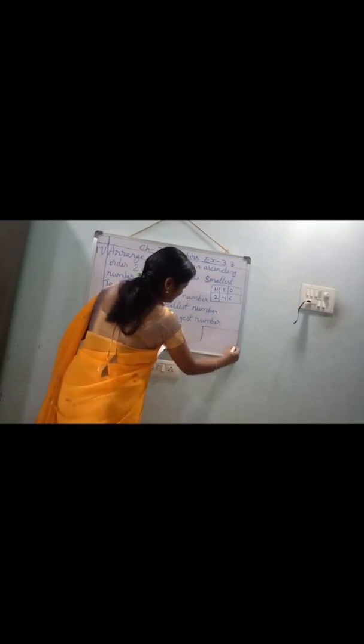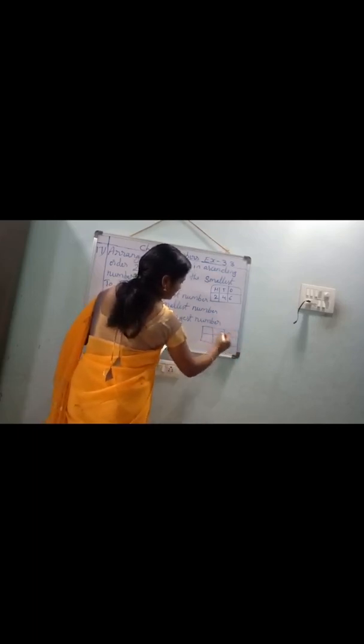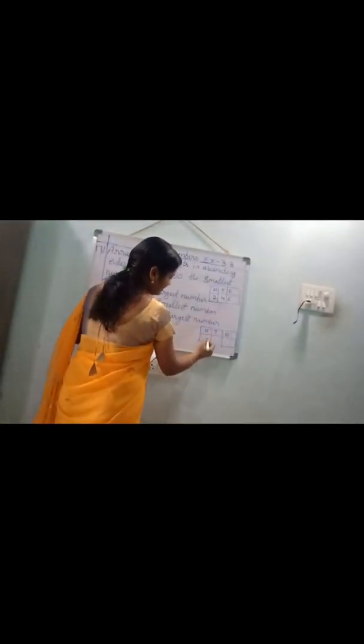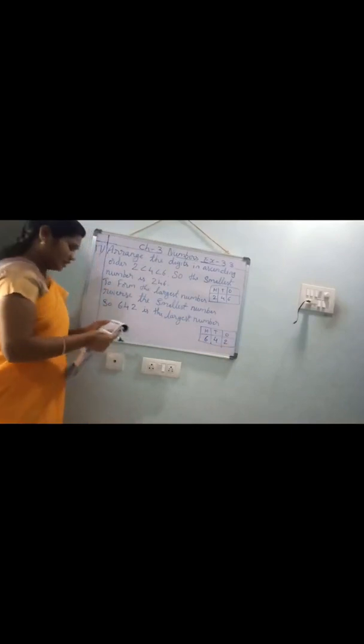Understood, children, what I am saying? Now, if you reverse this smallest number, the largest number will come. Yes, 642 will come. Understood?